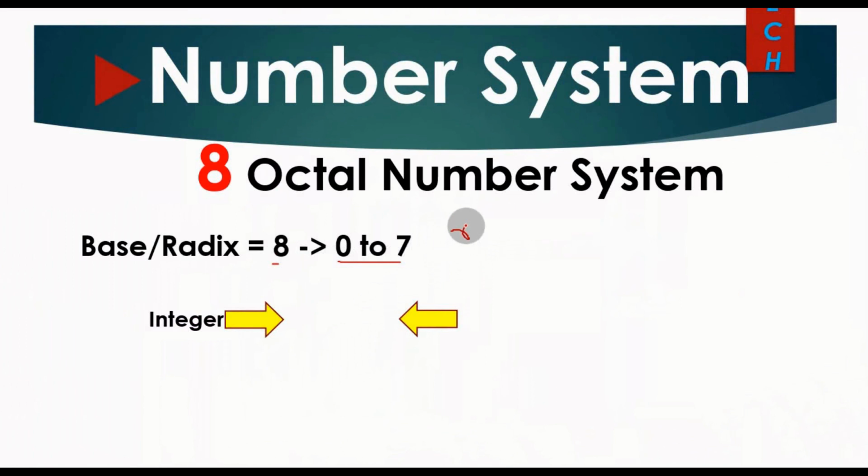If the base is R, the digits range from 0 to R minus 1. Let's say the base is 8, so it goes up to 8 minus 1, that is equal to 7. So the octal number system can be represented from 0 to 7, since the base is 8.